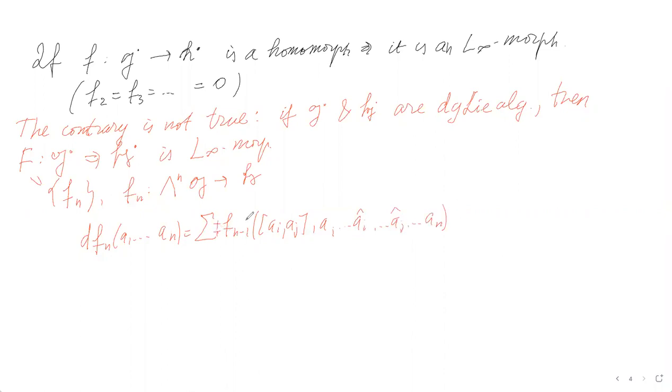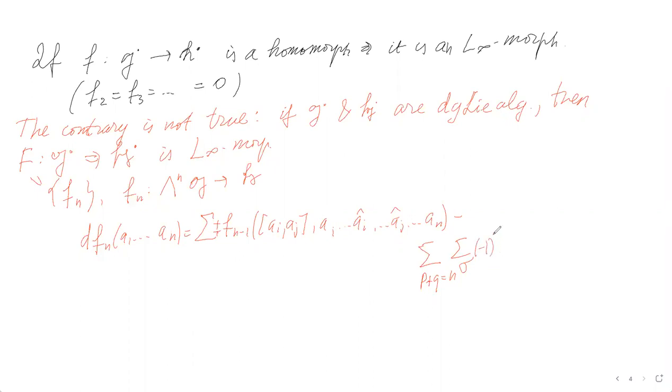So plus or minus depending on certain sign rules, minus the sum over P and Q, which sum up to N, and sum of all unshuffles.